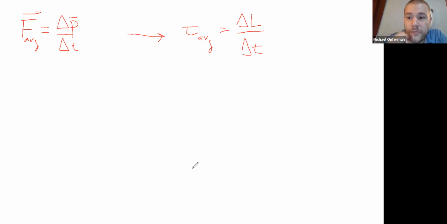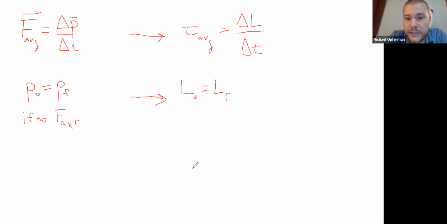That's pretty straightforward. Then the other thing is, when we interpreted Newton's third law, we had the concept of conservation of momentum, that the initial momentum equals the final momentum if there are no external forces acting on the system, changing its momentum. And in exactly the same way, for the rotational case, we have conservation of angular momentum if there are no external torques.